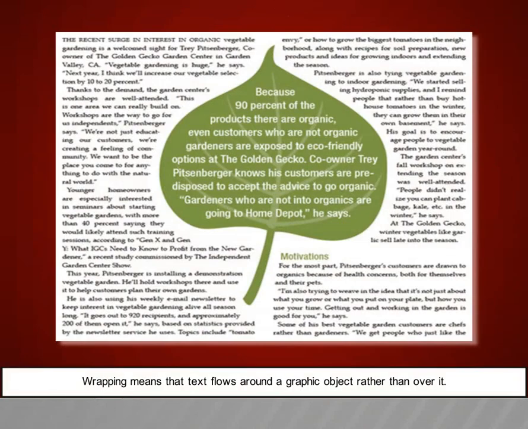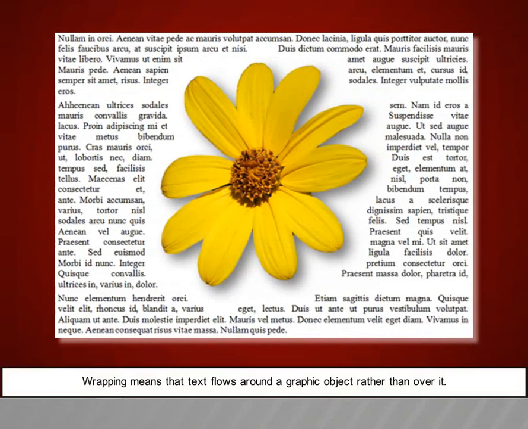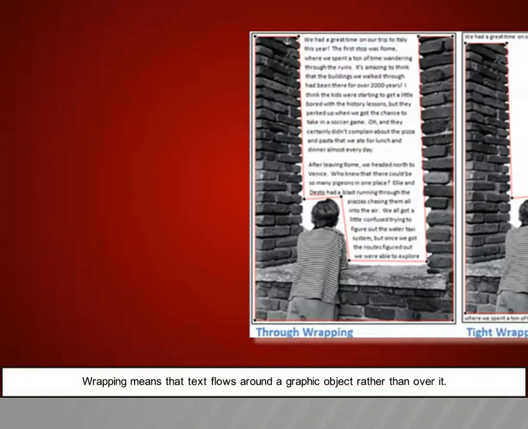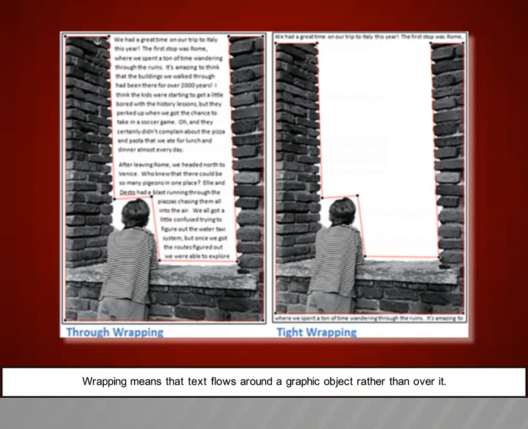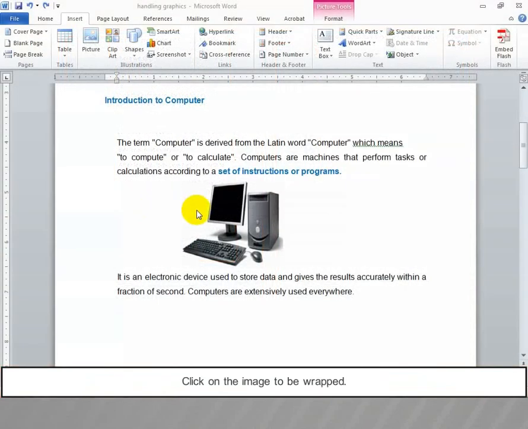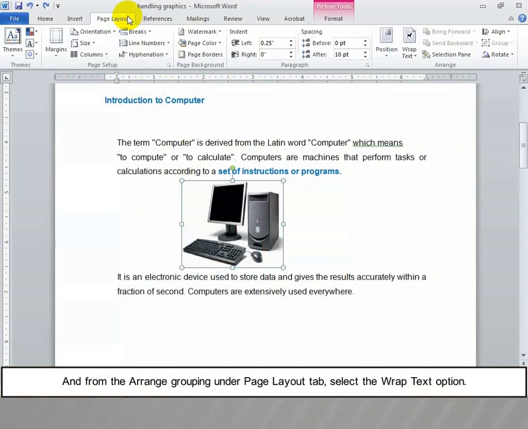Wrap text. Wrapping means that text flows around a graphic object rather than over it. Click on the image to be wrapped, and from the Arrange grouping under the Page Layout tab, select the Wrap Text option.